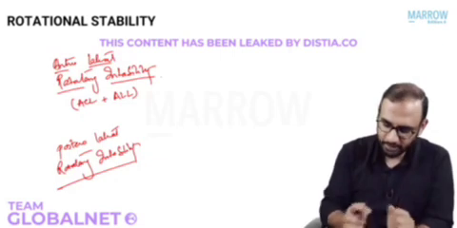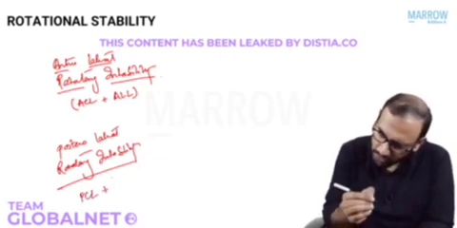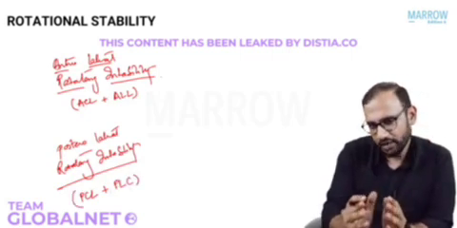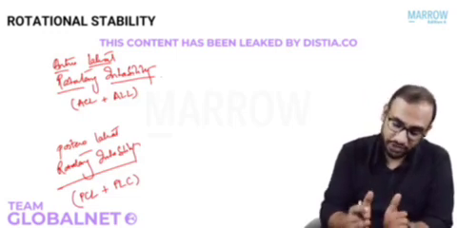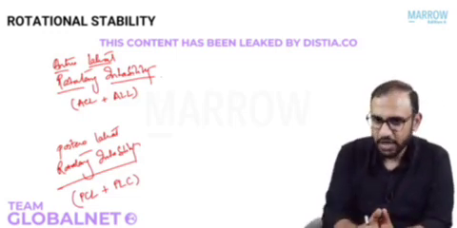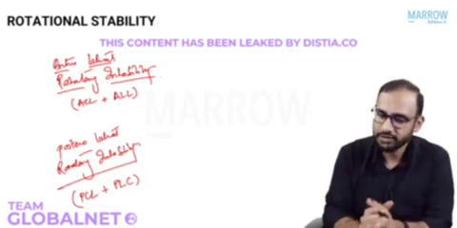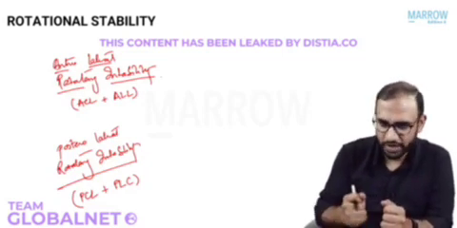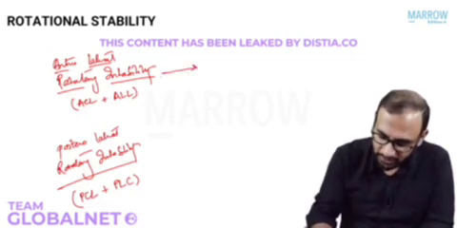Posterolateral rotatory instability occurs because of injury of the PCL plus the posterolateral ligaments of the knee, which are known as the posterolateral complex. So anterolateral rotatory instability occurs because of injury of the ACL plus anterolateral ligaments, and posterolateral rotatory instability occurs because of injury of the PCL and posterolateral complex. Now what are the tests for this?